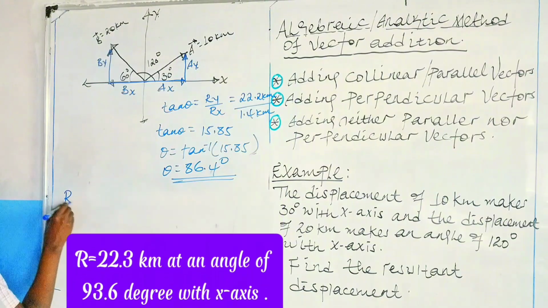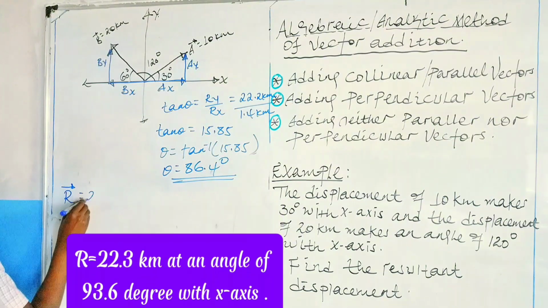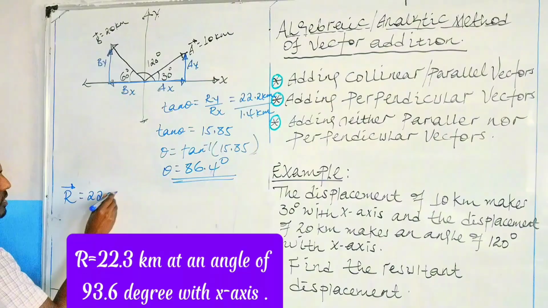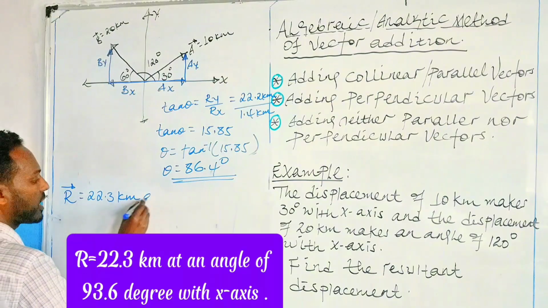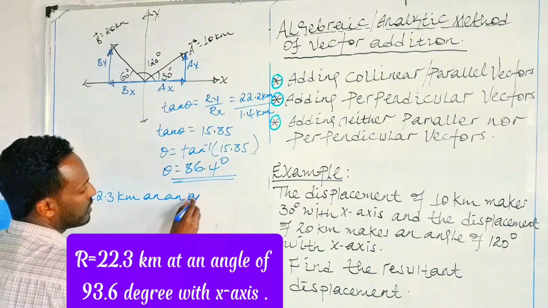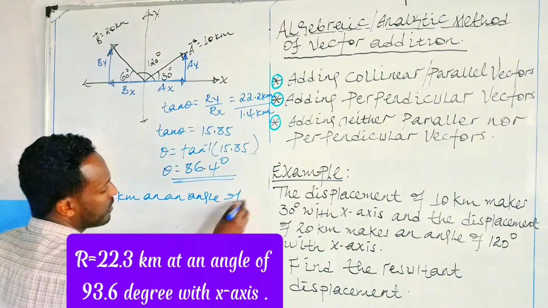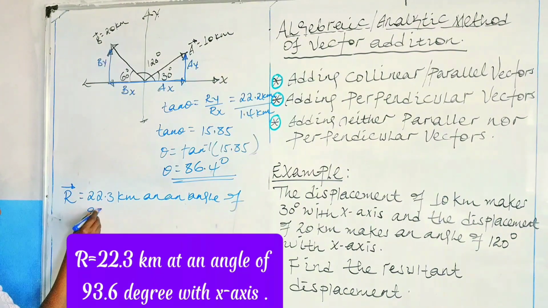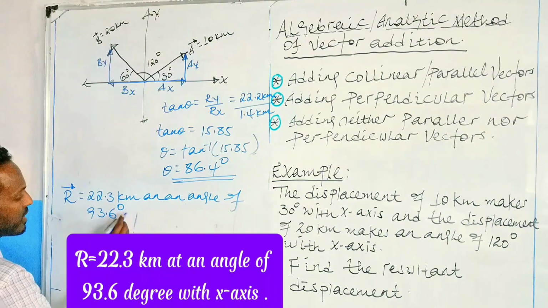The resultant vector R is equal to 22.3 kilometer at an angle of 93.6 degree with the x axis.